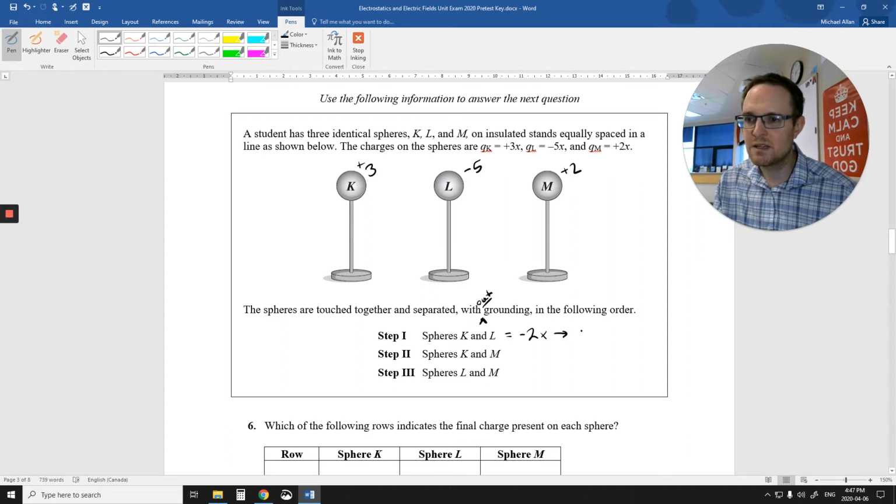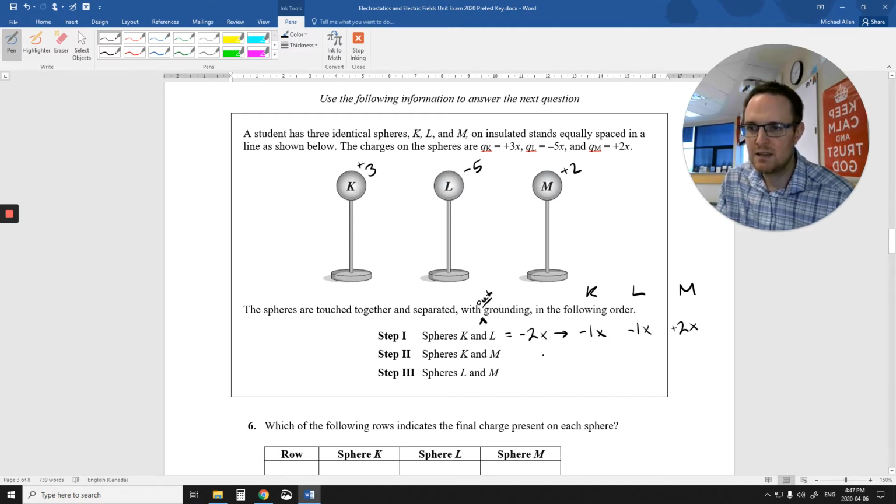Now this is what I did, I'll write this out here: K, L, and M. So K and L are now both going to be negative 1 x each. M doesn't change, it's still positive 1. Okay? Now what we're going to do is touch K and M together.